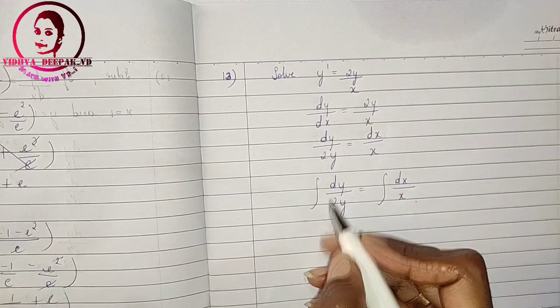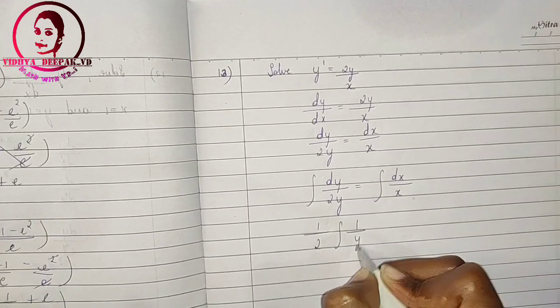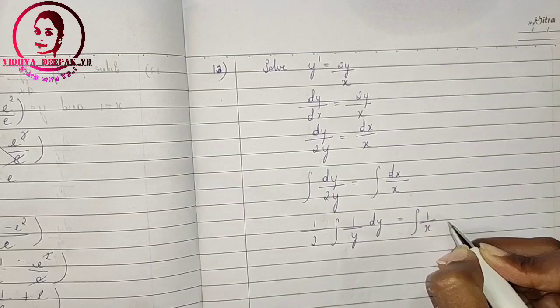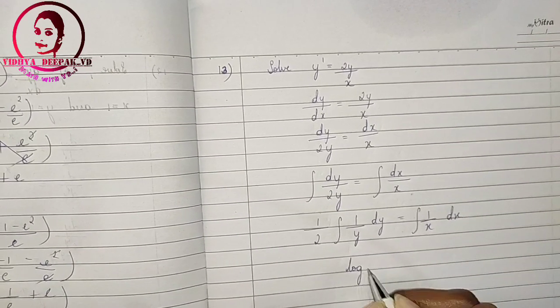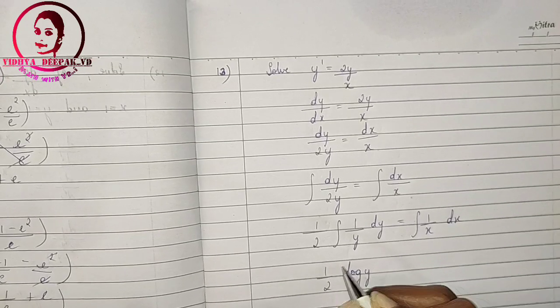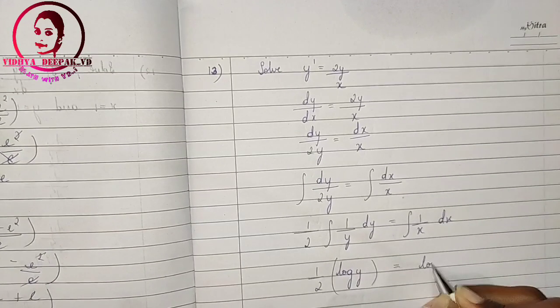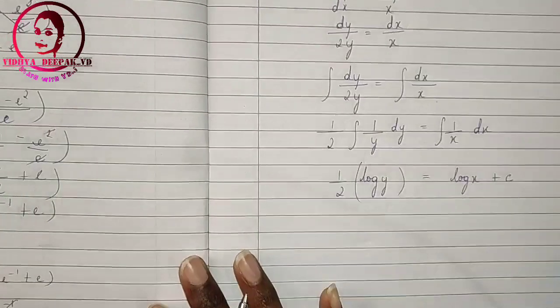1 by 2 is a constant, we can take it outside. Integral of 1 by y dy is equal to integral of 1 by x dx. What is integral of 1 by y? It is nothing but log y. 1 by 2 into log y is equal to log x plus the integration constant c.